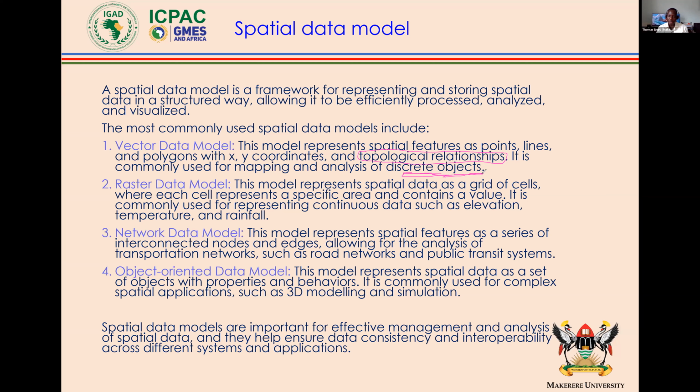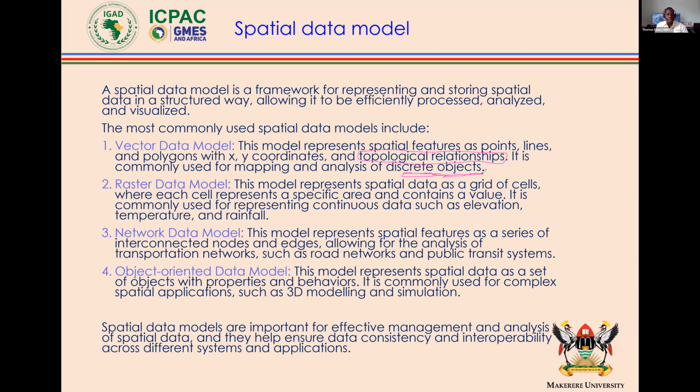There is water this side and there is soil or land on the other end. It becomes discrete because there's that clear boundary. So any object or any earth feature which has a clear boundary between them can be best, mark those words, can be best represented as a vector data model.